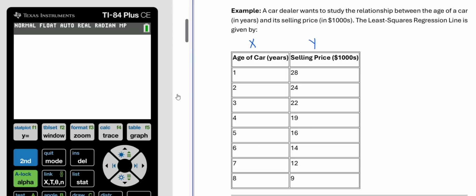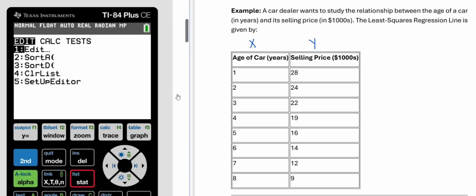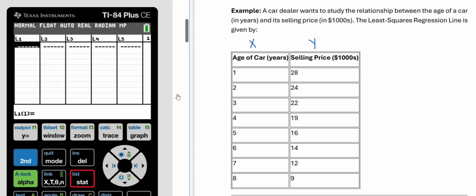Now on the TI-84 calculator, you click on Stat, Edit, then you can plug in the information. L1 is going to be the input, and the y is going to be the output, which is L2. Now let's plug in the information.